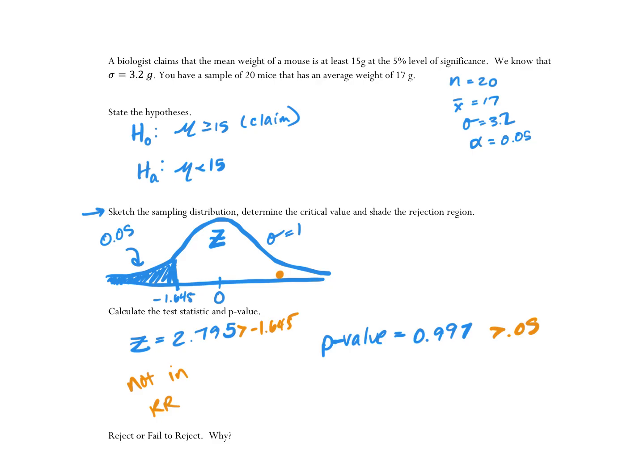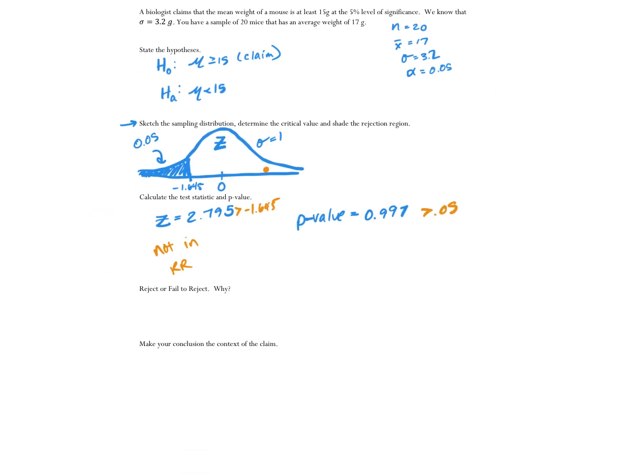That's why my p-value is so big. Okay? So, in this case, we're definitely failing to reject. Whether you say from the test statistic not being in the rejection region or the p-value being so large, we have evidence that the null hypothesis is true, not evidence that the null hypothesis is false. Okay?